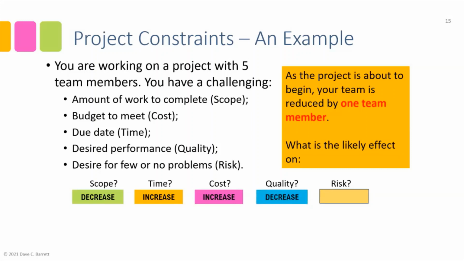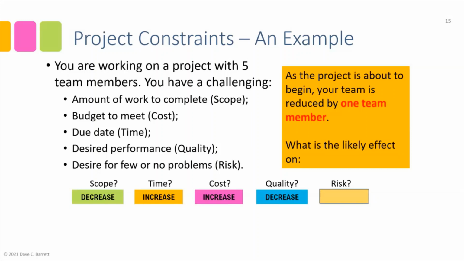The team will start to cut corners. If you got 4 people doing it and they have to do the same amount, same time, same cost, their only option left really is to cut corners, to not check their work, to do things really quickly, and quality goes down. It's almost a fact of life on that one.